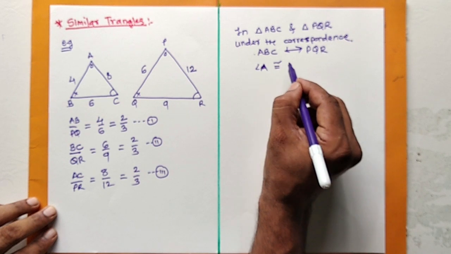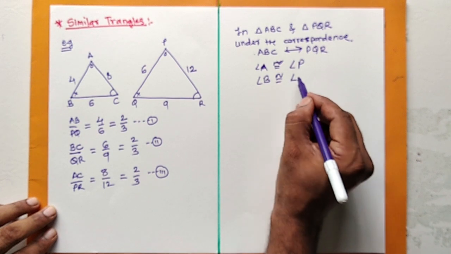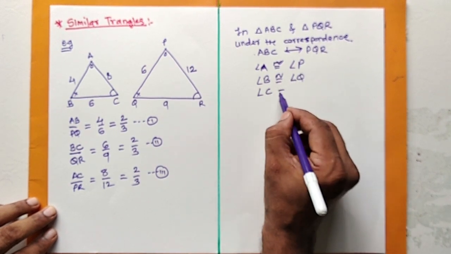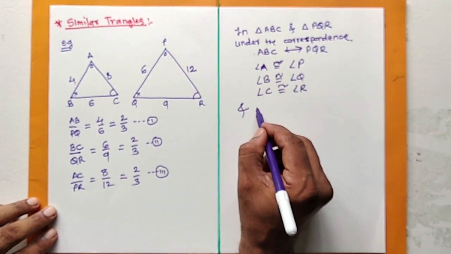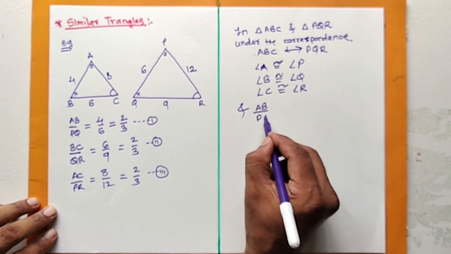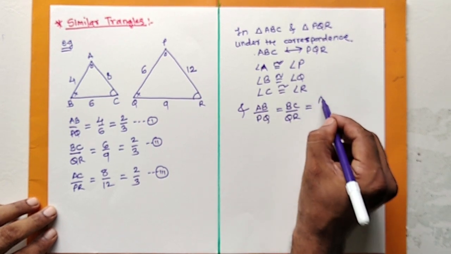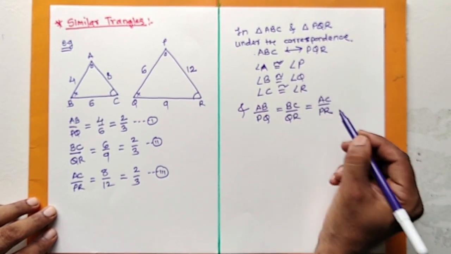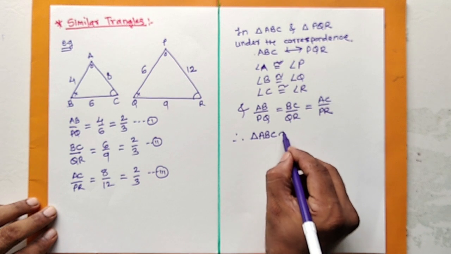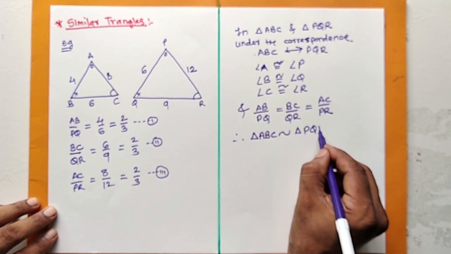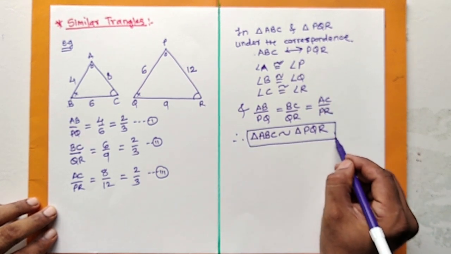Angle A is congruent to angle P, angle B is congruent to angle Q, angle C is congruent to angle R. And their corresponding sides are in proportion: AB upon PQ, BC upon QR, AC upon PR. And therefore, the two triangles are similar. Triangle ABC is similar to triangle PQR, by the definition of similar triangles.